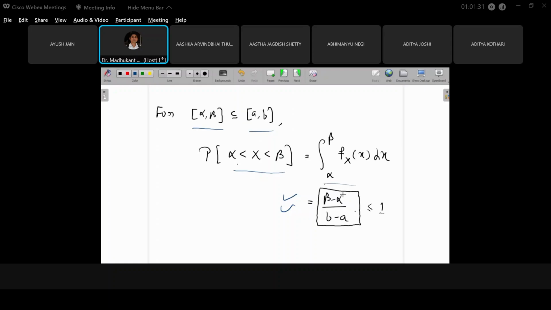Since alpha beta is a subset of [a, b], its length is always less than or equal to the length of [a, b], so the division is less than or equal to 1. This ensures that it actually identifies a probability.